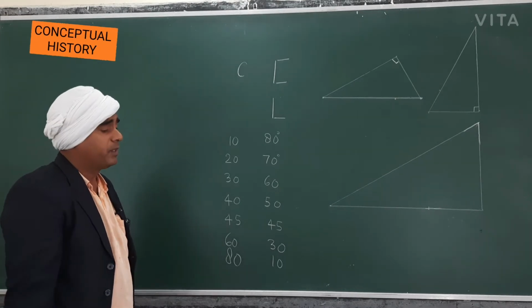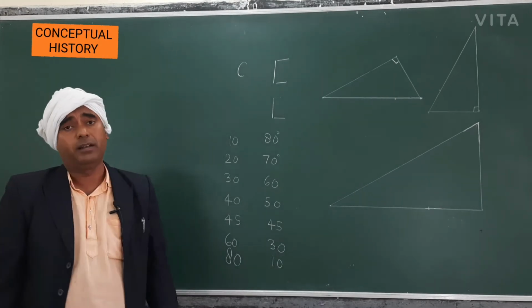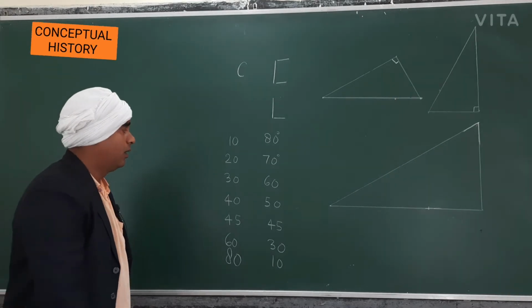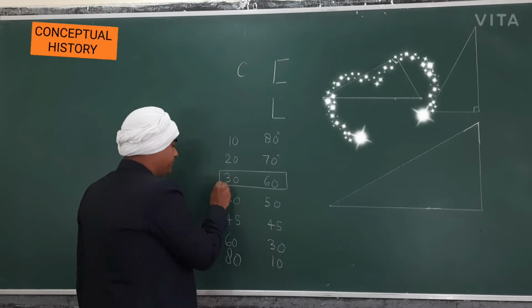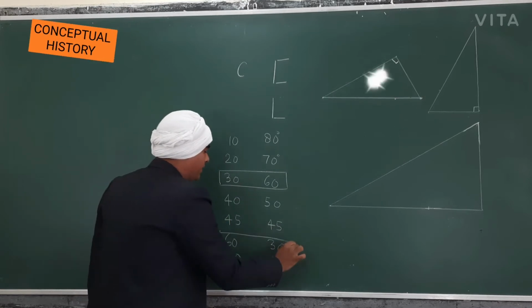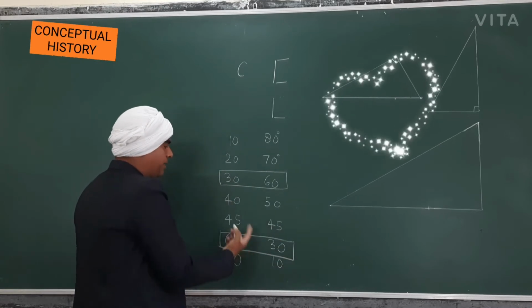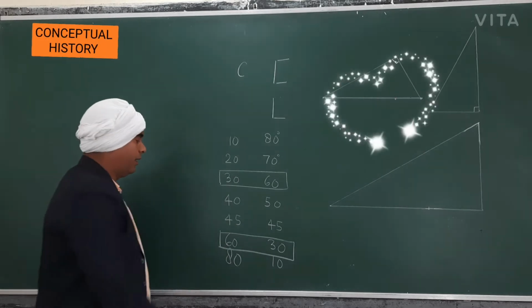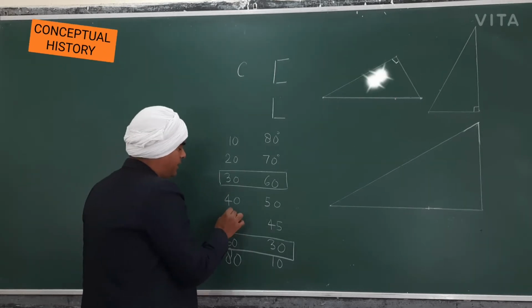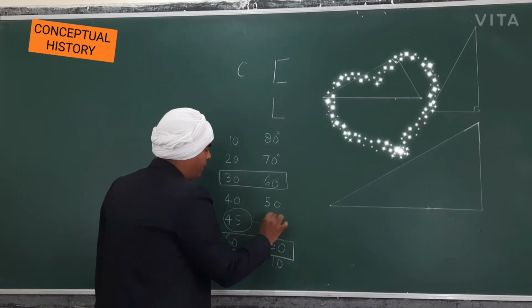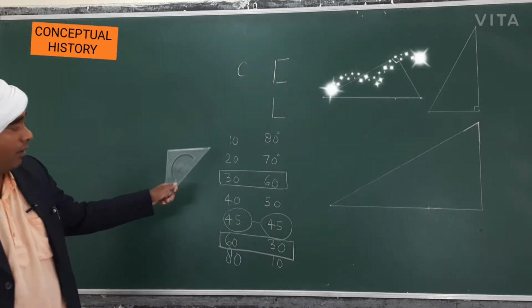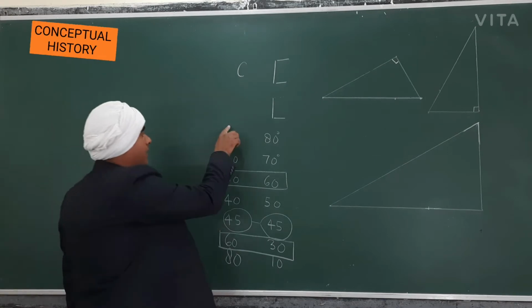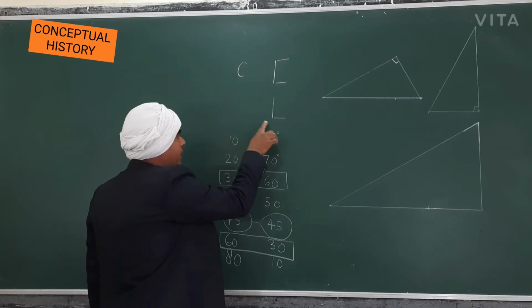So in this whole chapter you will see 30 degree and 60 degree, sometimes 60 degree and 30 degree, and you think these are the same thing, and sometimes it is 45 and 45. There may be all the angles, yeah. Can you say this will be 0 degree and 90 degree?